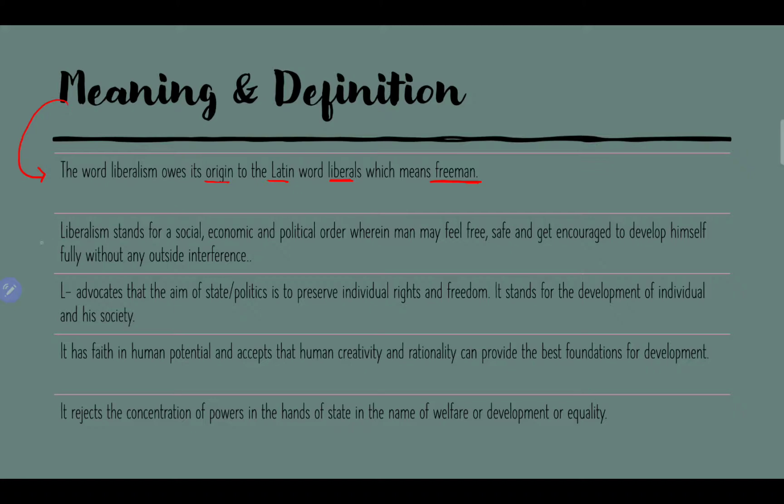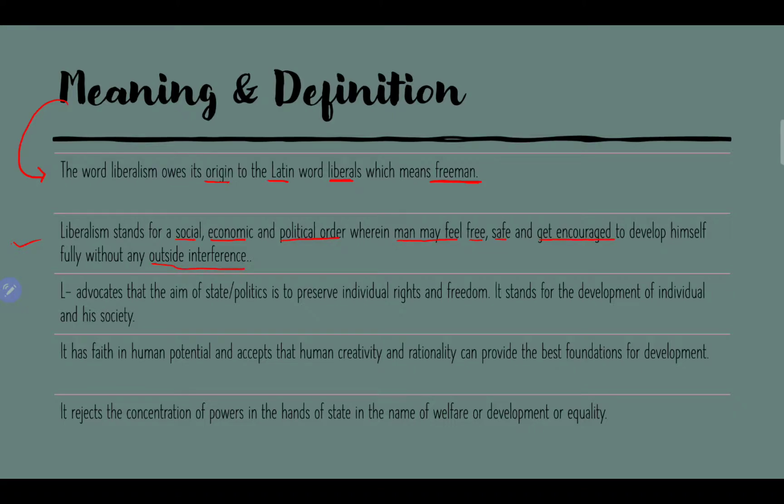Now, what does liberalism stand for? Liberalism stands for a socio-economic and political order wherein man may feel free, safe, and get encouraged to develop himself fully without any outside interference.